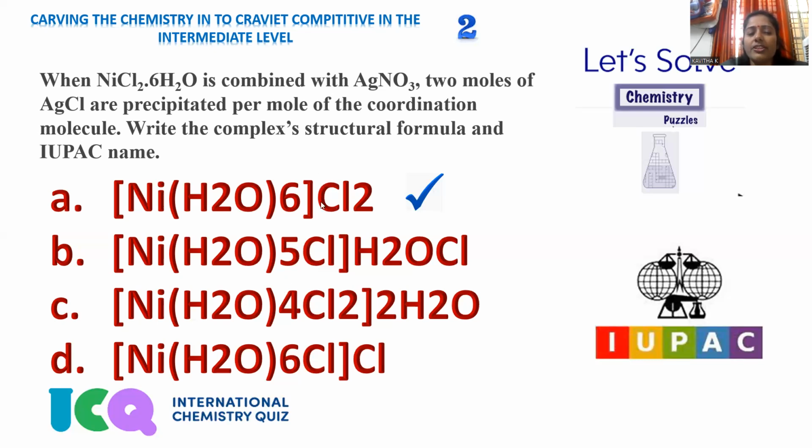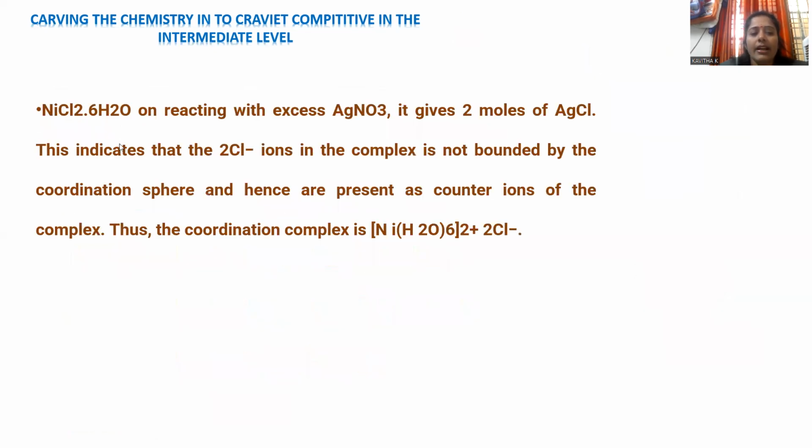Let's see what the geometry will be and how to write its coordination sphere. An explanation is provided for why silver nitrate gives 2 moles of silver chloride. Because 2 chloride ions are free, which are called primary valency, whenever they are outside the sphere they get ionized, while inside the sphere they remain unionized.